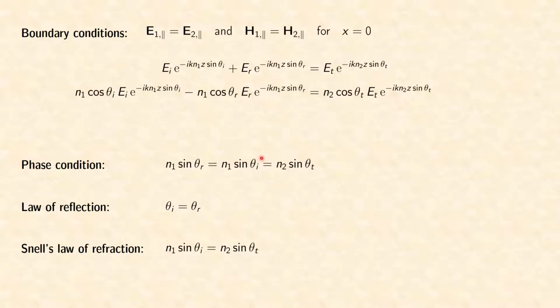In the last lecture, we derived the boundary conditions of the electric and magnetic fields. The conditions say that the component of the electric field parallel to the boundary surface is the same on both sides of the boundary, in material 1 as well as in material 2.